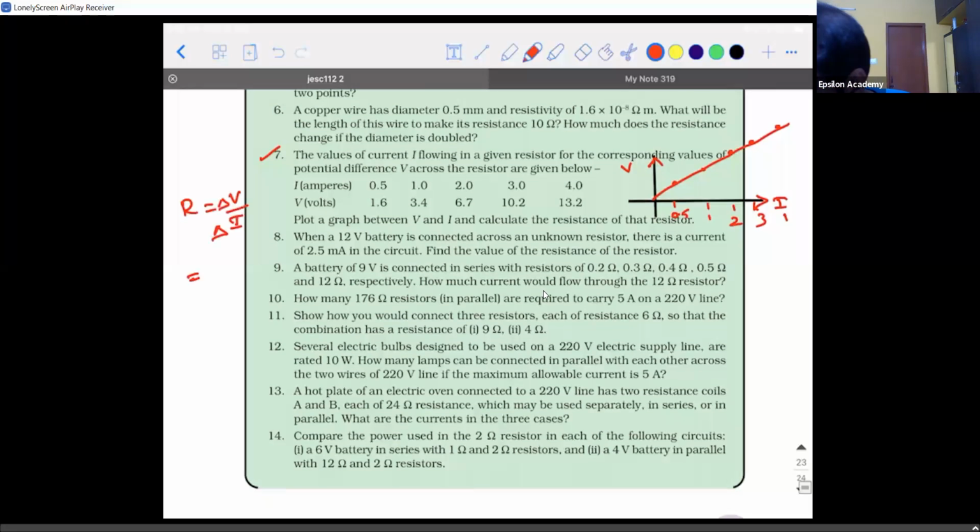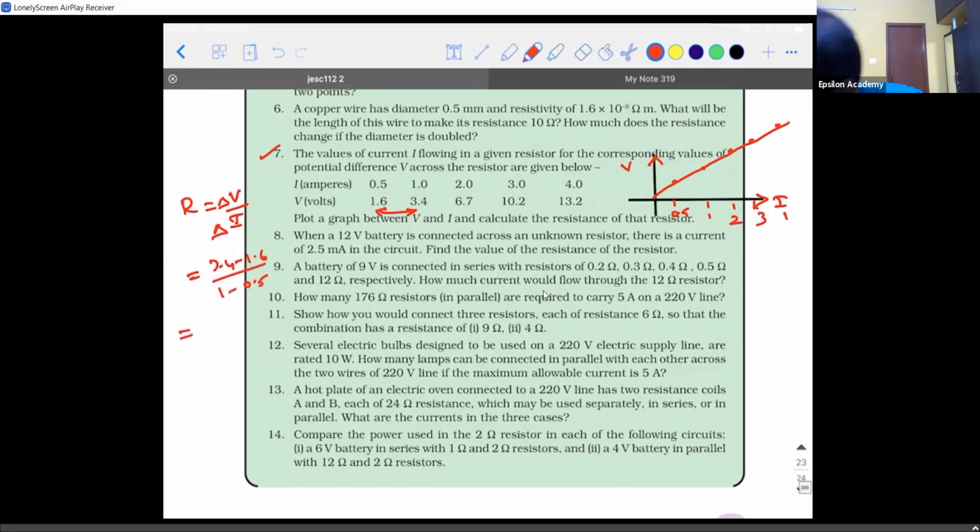So you can take the difference between any two values of V and divide it by the difference between the corresponding I. So that is 3.4 minus 1.6 divided by 1 minus 0.5. What is 3.4 minus 1.6? It is 1.8 divided by 0.5. So how much is it? It is 3.6. So resistance in this case is 3.6 ohm.